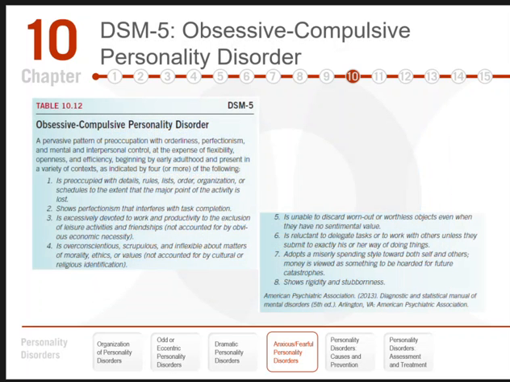Obsessive-Compulsive Personality Disorder. Well, if any of these others were confusing, this is probably the most confusing. But what you have to read in this one, compared to OCD, is that it's a pervasive pattern of preoccupation with orderliness, perfectionism, and mental and interpersonal control at the expense of flexibility, openness, and efficiency.